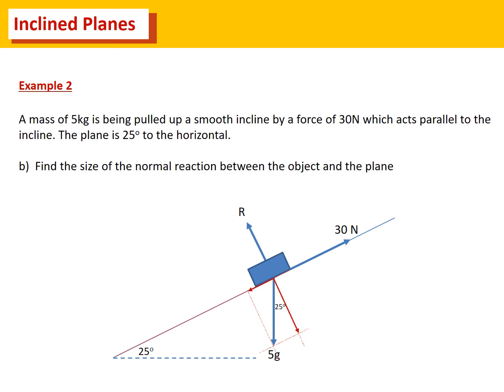Marking on the two components, remember, why is that 25 degrees there? Because that's 25 degrees, so in this right angle triangle, this will be 90 minus 25, and therefore that must be the 25. So it's 5g cos 25 into the plane and 5g sine 25 down the plane.